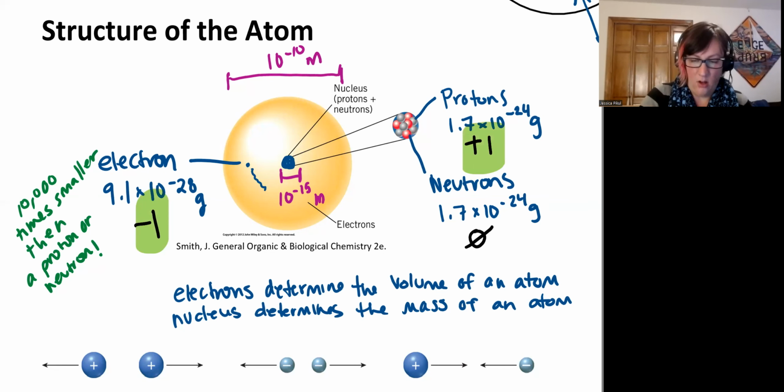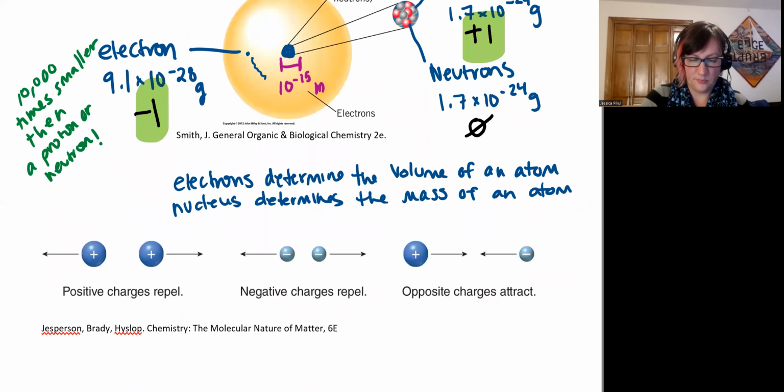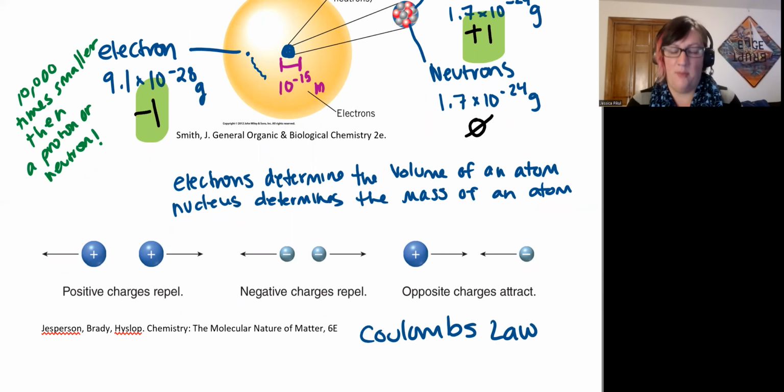So there's this thing called Coulomb's law. Right here, I have a picture to help describe it. I could write an equation for you, but I'm not going to. Instead, what Coulomb's law tells us is that if you have two particles that have opposite charges, they're attracted to each other.